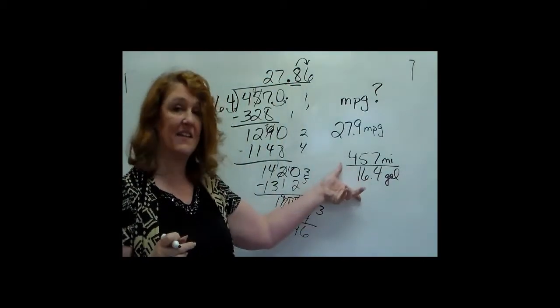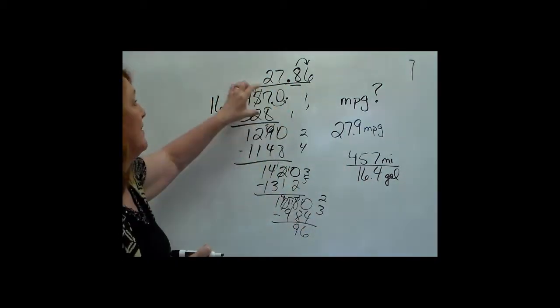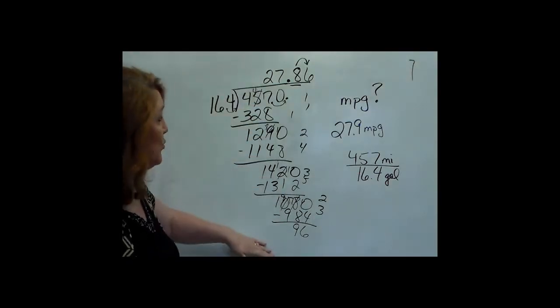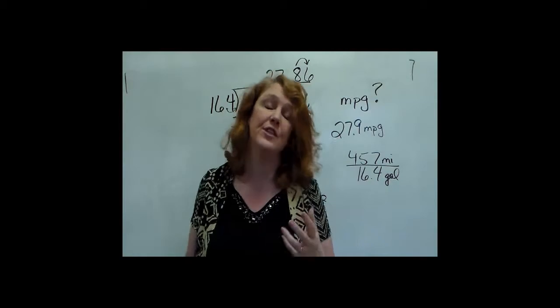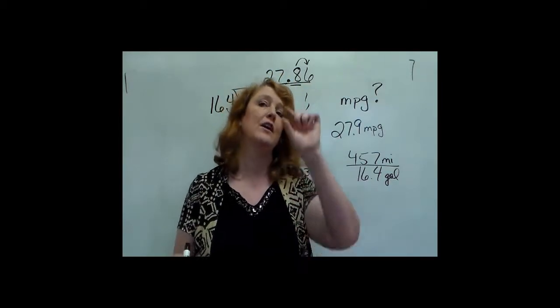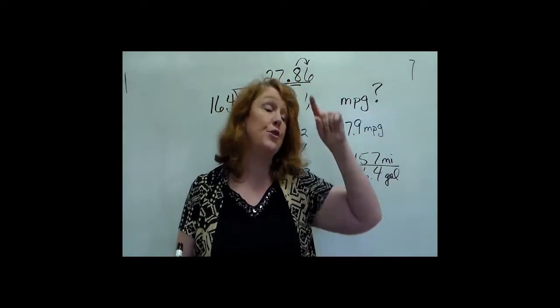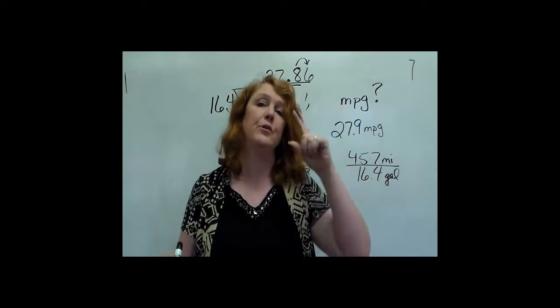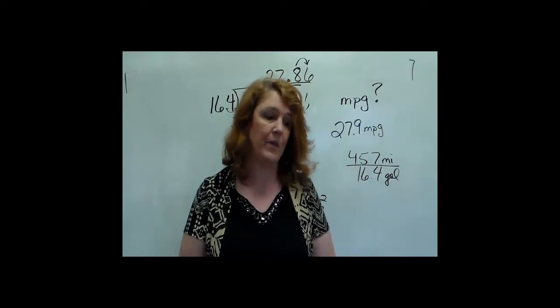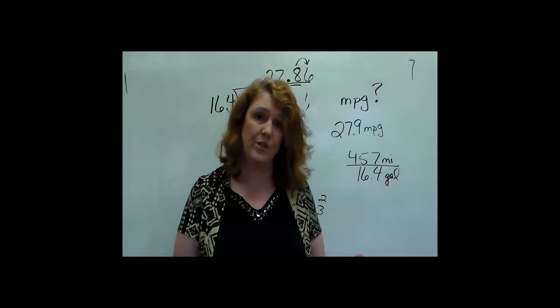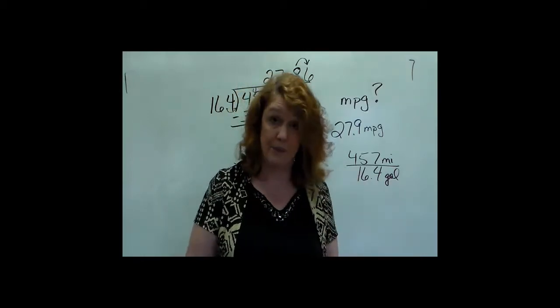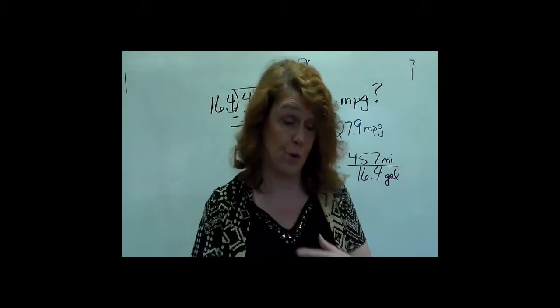Be able to take this and make this setup, make this work, and round it correctly. If it asks for to the nearest hundredth, you've got to go to the nearest thousandth so you can look next door, so you can round off that hundredth. So it's not much different than what you were doing. It's just a lot of steps, but it should be pretty straightforward.